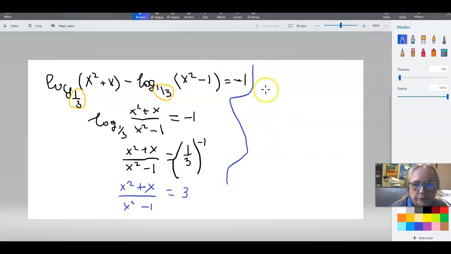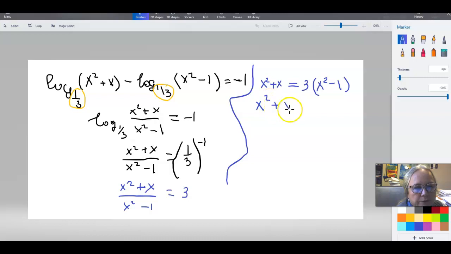After you multiply the left and right side by x squared minus 1, you get x squared plus x equals 3 times x squared minus 1. Open parentheses: x squared plus x equals 3x squared minus 3.